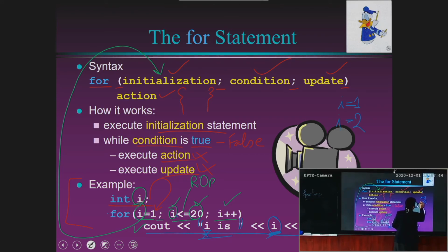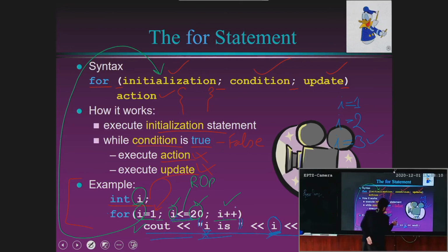Then I will be updated again to 3, and this will be checked in the condition: 3 is less than or equal to 20, yes. So the cout statement will be executed again, and we will see 3 on the screen.